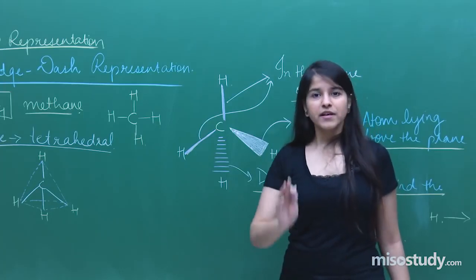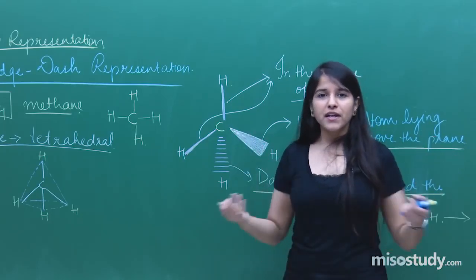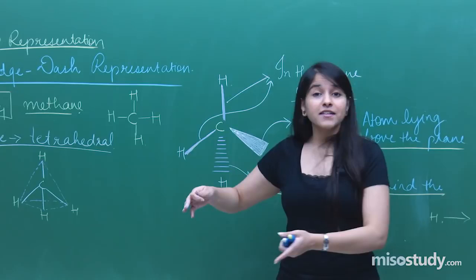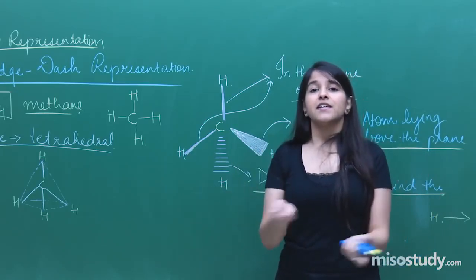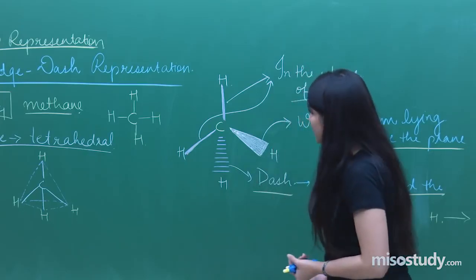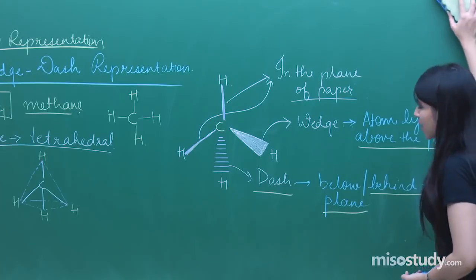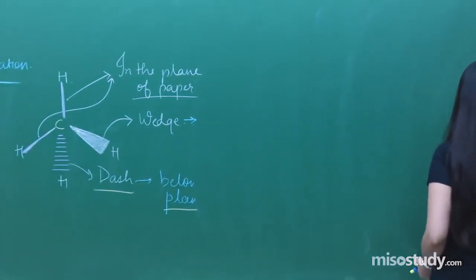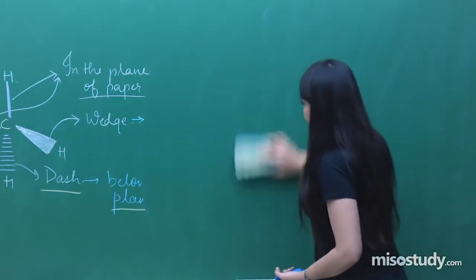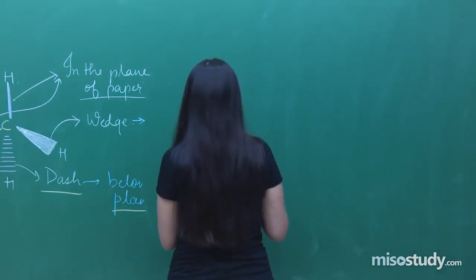But now let us move on to the classification of organic compounds. How can we classify the organic compounds into different classes, in different fields? There is an entire range of classes of organic compounds. So let us discuss that. I have the classification of organic compounds.